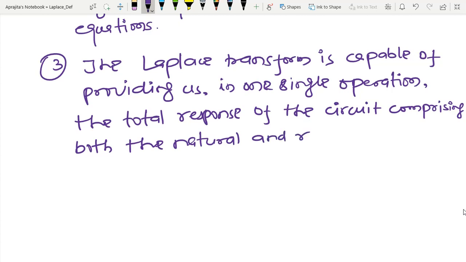We have already seen what is the meaning of natural response and forced response. Several times I have talked about this.